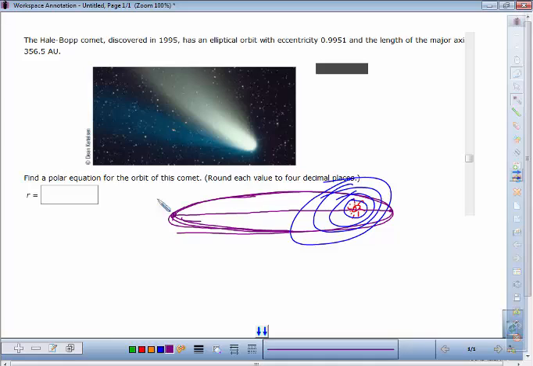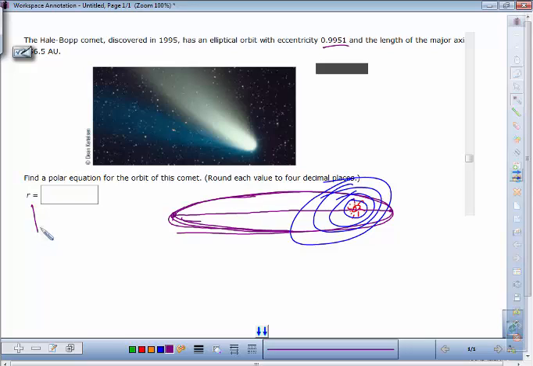And so what we want to do is let the sun be a focus at 0, 0, and then try to come up with an equation of the comet, or the path of the comet. All right, so the only thing we have is the eccentricity. We also have the axis, but we have the eccentricity.